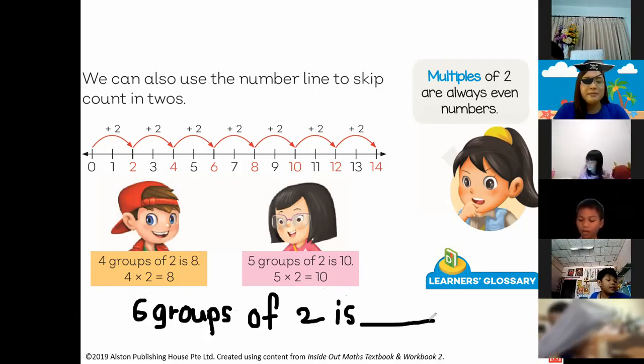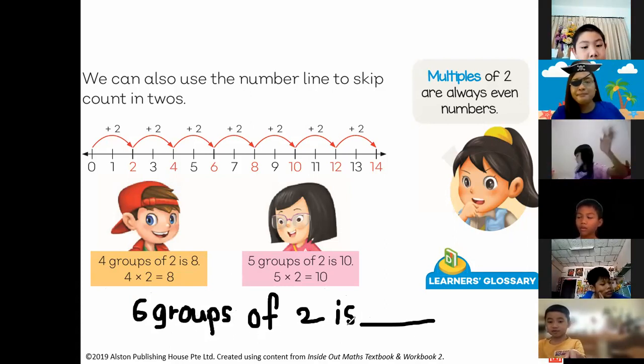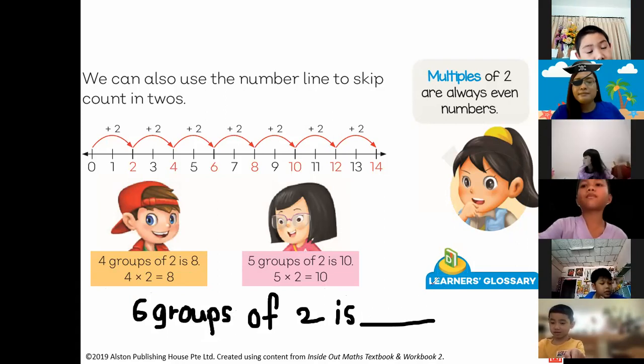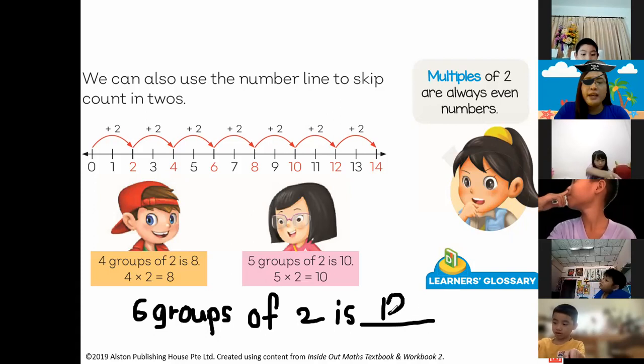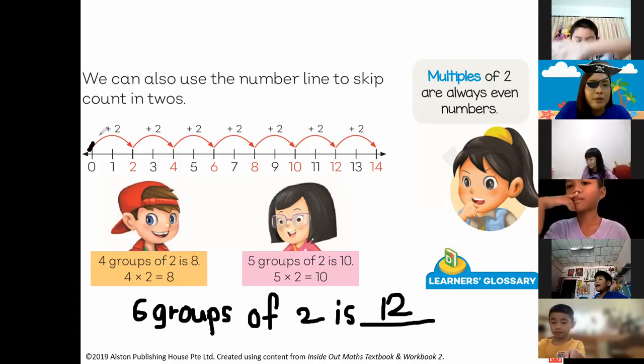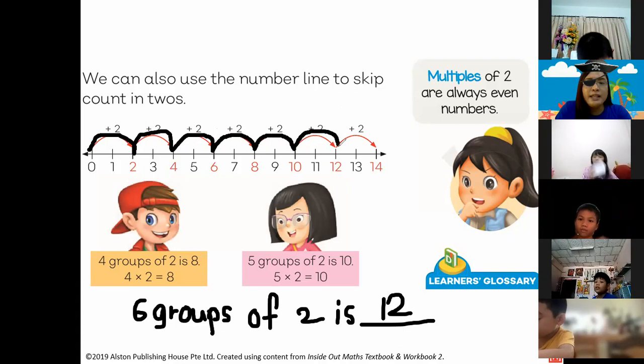Who can answer? 12. Okay, so let's make an illustration. 1 group, 2 groups, 3 groups, 4 groups, 5 groups, 6 groups. So 6 groups of 2 is 12.